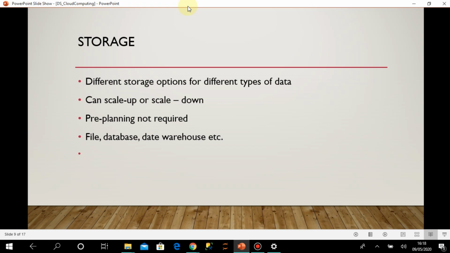And again, in the case of on-premise servers, it is important that you have to predict what your storage requirement should be and what volume of storage you need, and you have to plan everything, you have to buy everything, and maybe your requirements may change, and all the storage you have bought may not be required. So these are all difficulties we find when we work with on-premise solutions.